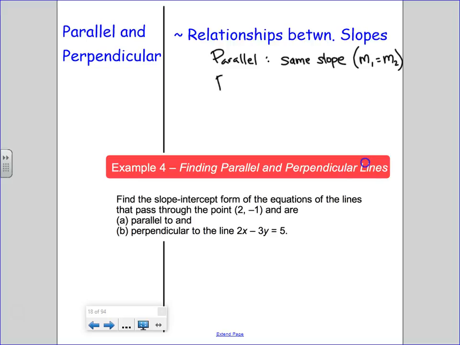Perpendicular. Remember the technical way of describing the slopes? Opposite reciprocal. Two parts to it. Yes, you have to flip, but you also have to have the opposite sign.